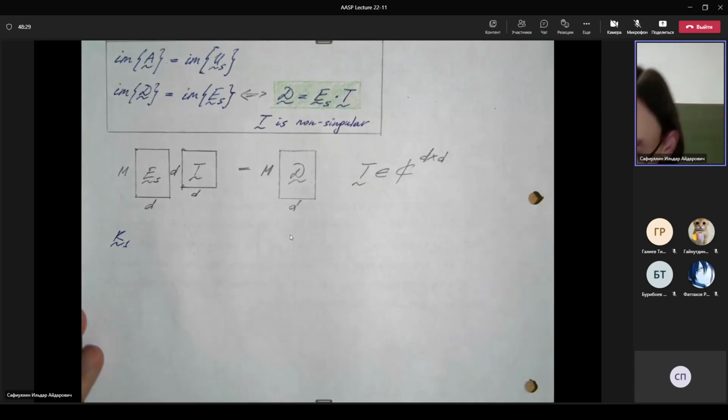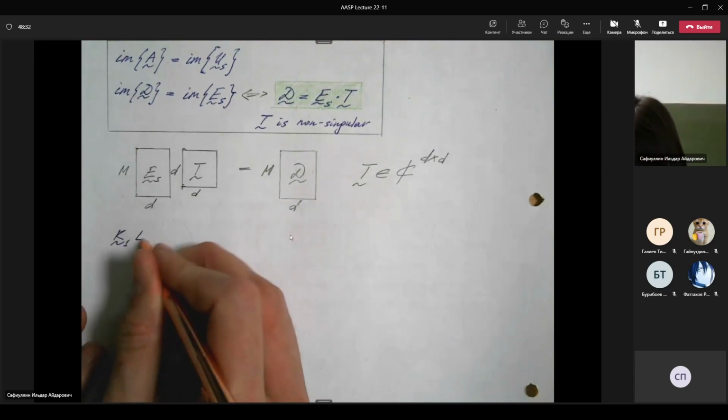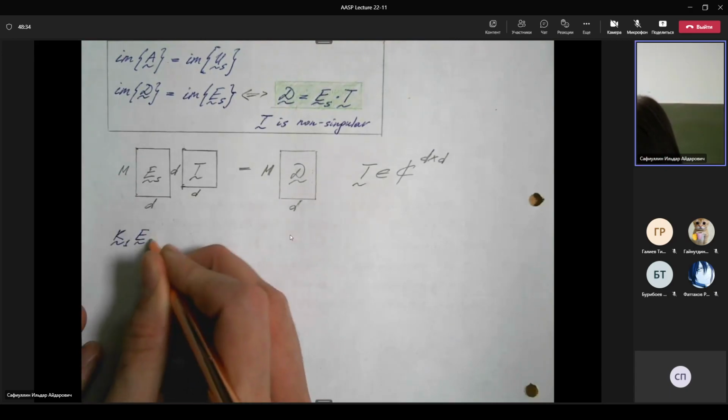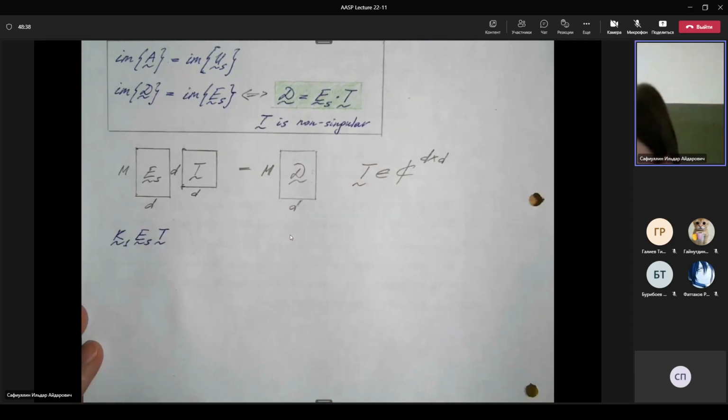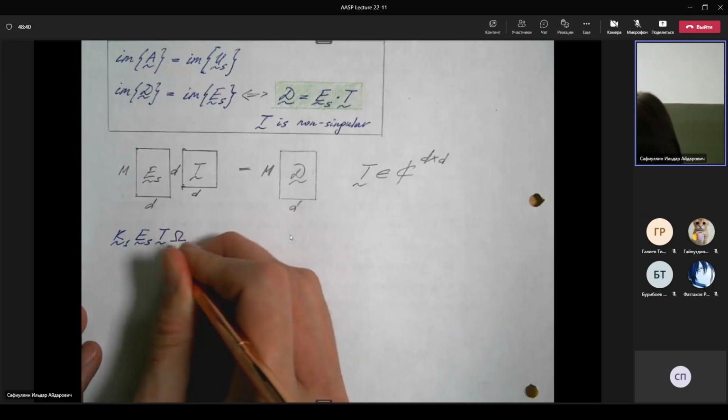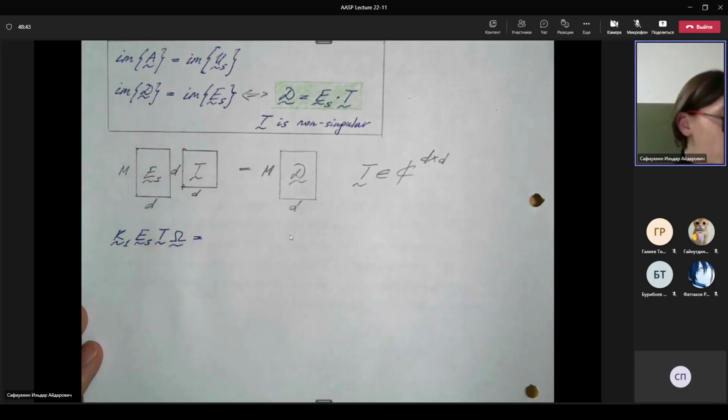So selection matrix, then signal subspace, then this unknown transform matrix T times matrix omega with tangents of spatial frequency.